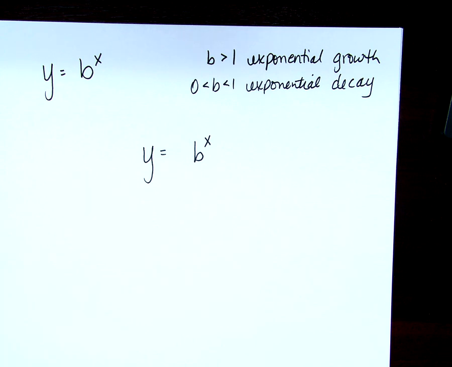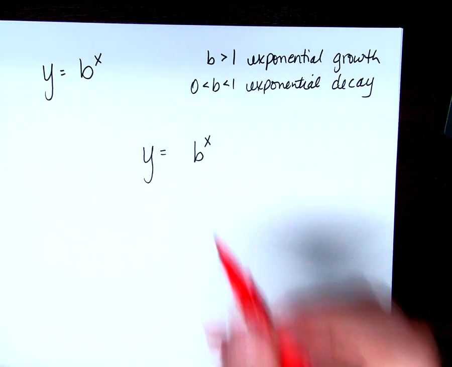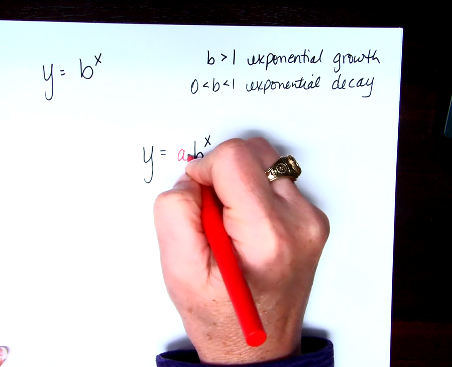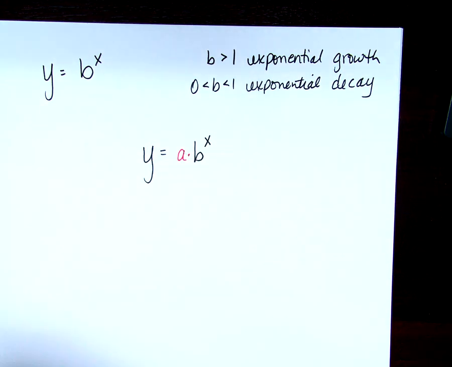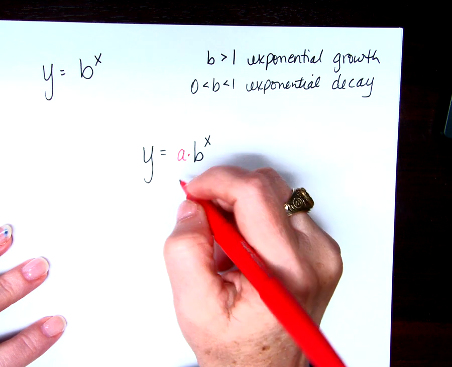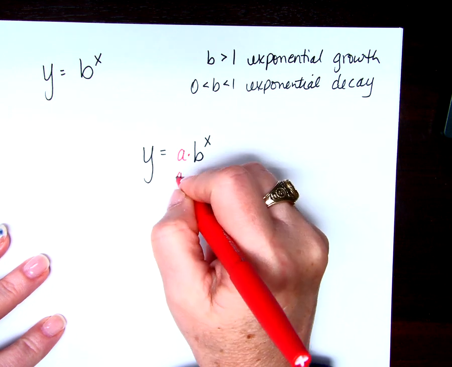What if I add an a in the front? What is that a doing to the function? It's multiplying, right? When something is multiplying in the function, what kind of change does that cause to the function? A stretch or a compression, okay? So I'm going to draw a little arrow right here.